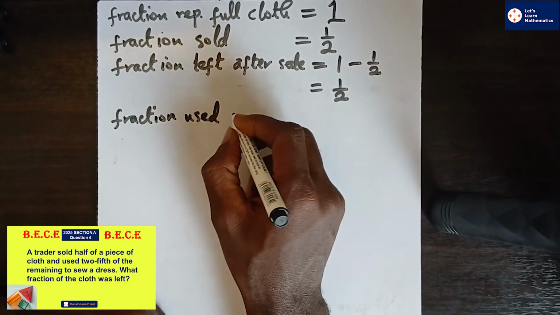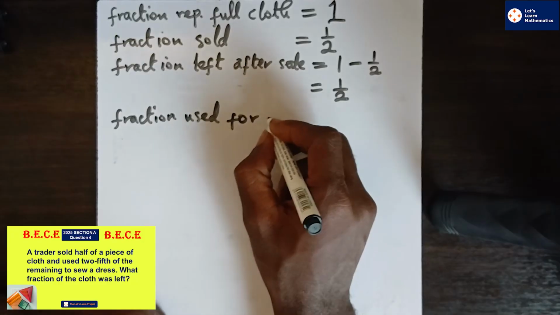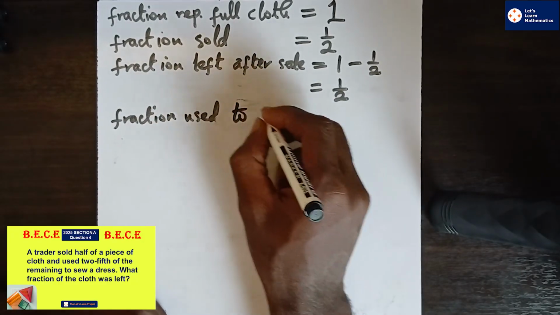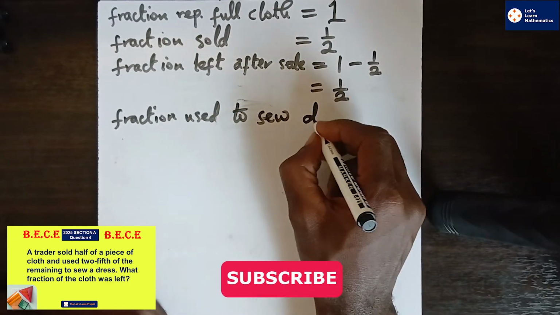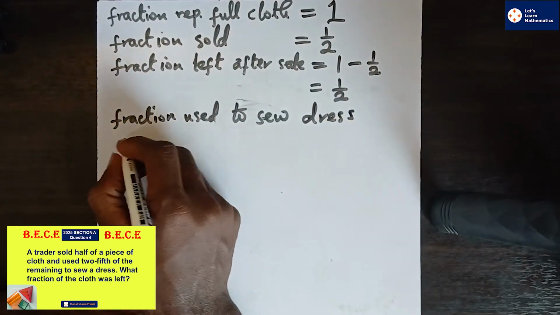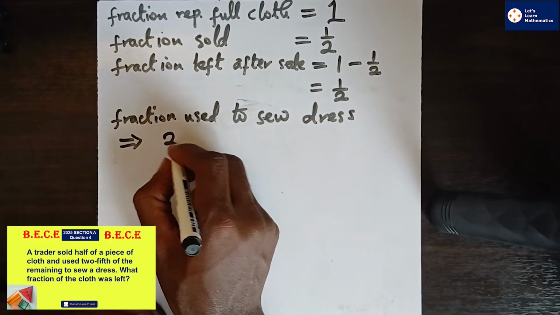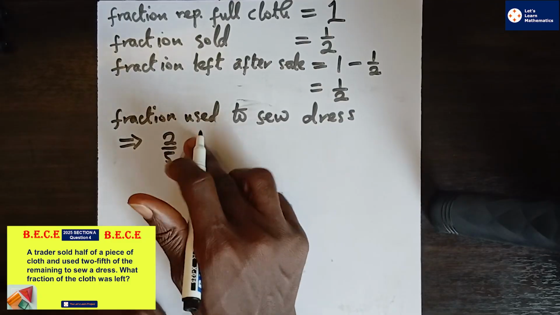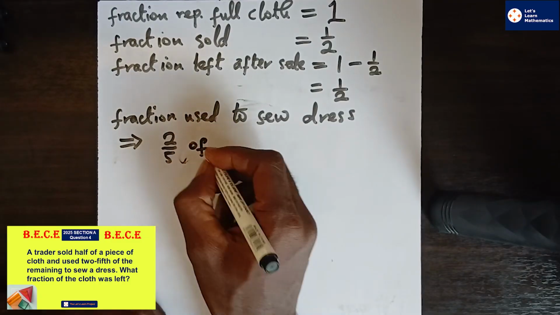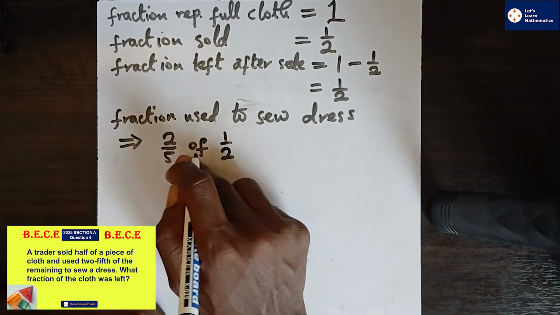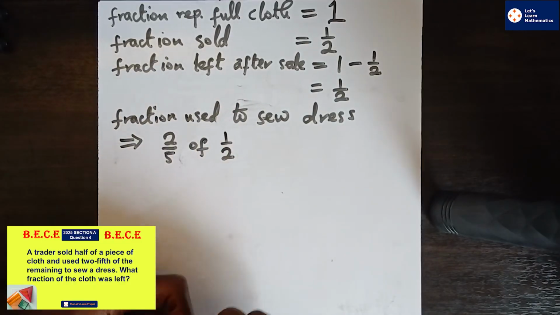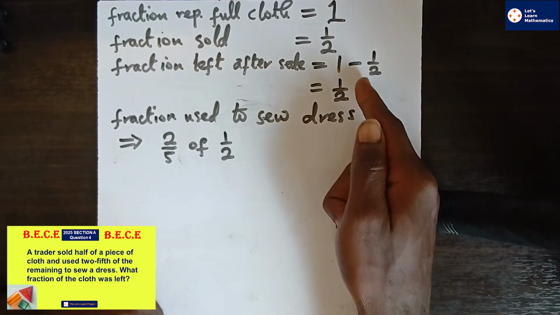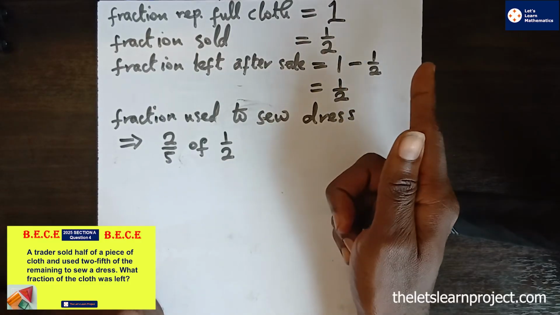Fraction used to sew a dress, that is 2/5, so 2/5 of what was remaining. 2/5 of the remaining, which is 1/2, was used to sew a dress.